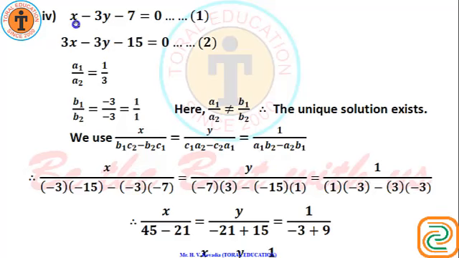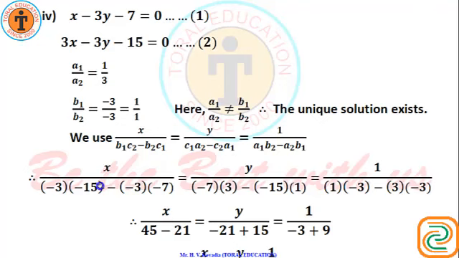So from here we will take b1 c2: b1 means minus 3, c2 means minus 15, so minus 3 into minus 15, and b2 c1, minus 3 into minus 7. Again c1 a2: c1 is minus 7, a2 is 3, and c2 a1: minus 15 and 1. Again a1 b2: 1 and minus 3, and a2 b1: 3 into minus 3. Friends, don't make mistakes in sign.